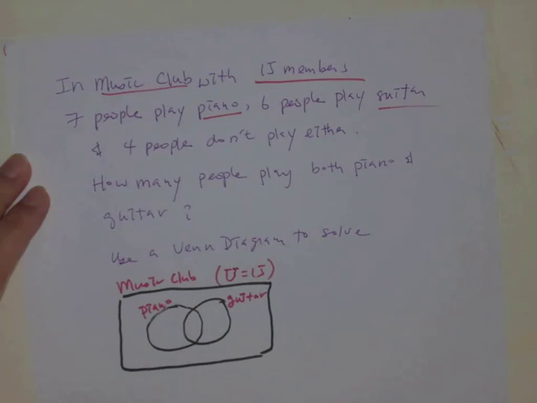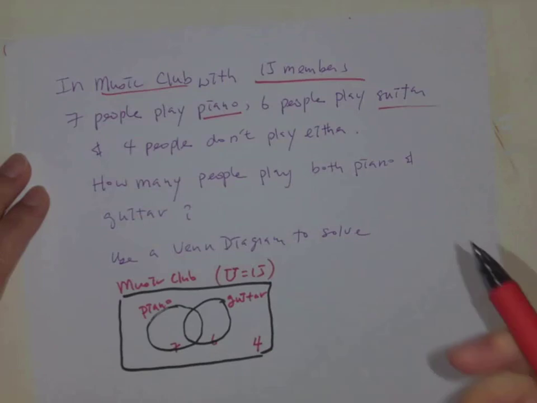And then 4 people don't play anything, so 4 should go outside. And 6 people play guitar, so this whole circle is 6. So you can kind of sketch it first.